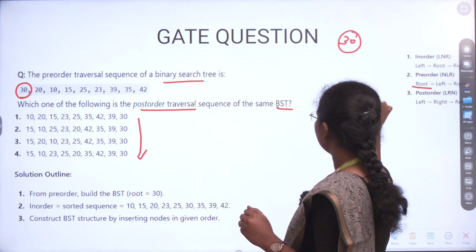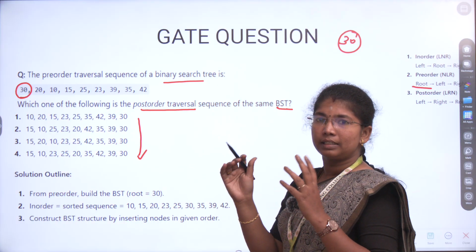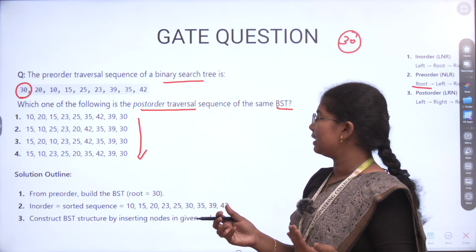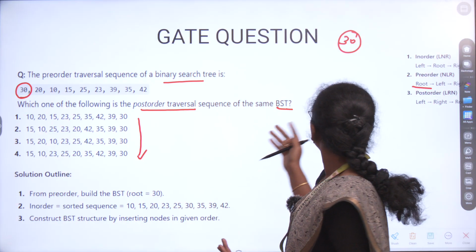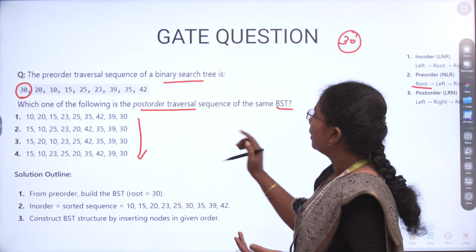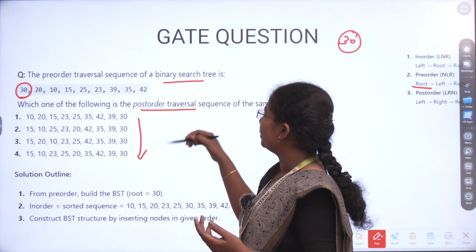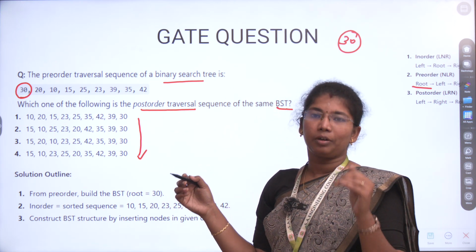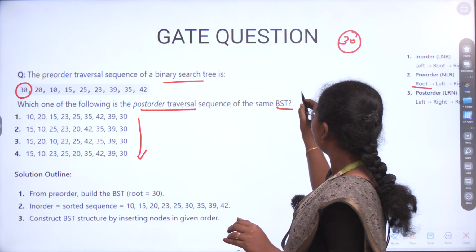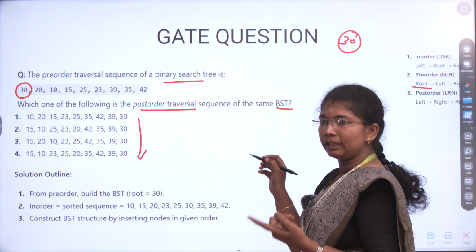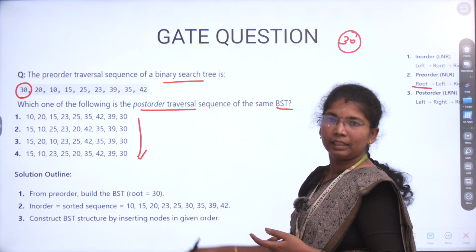After completing the binary search tree drawing, only then can we write the post order. Post order can be found using the in order. First you have to write the in order. After writing the in order, you can find the post order easily.